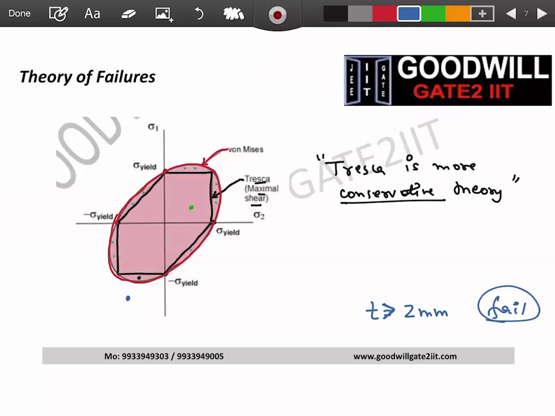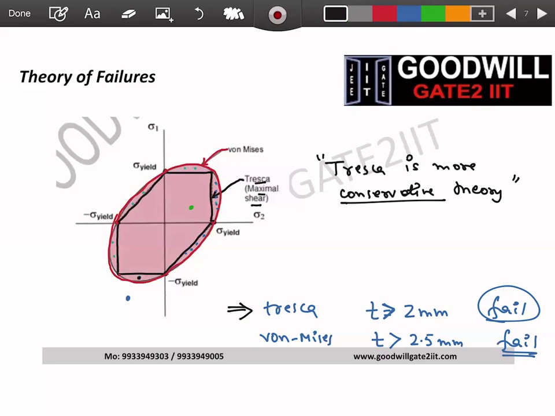Tresca is telling us this. Von Mises, which is a slightly relaxed theory, gives you some buffer also, right? It'll say even if you go till 2.5, it's okay. After that, only failure will happen. So Tresca is not allowing you to go to higher terms.